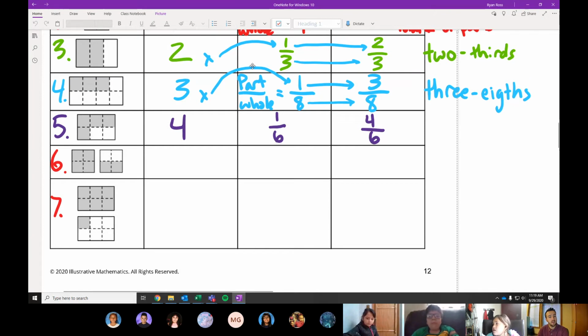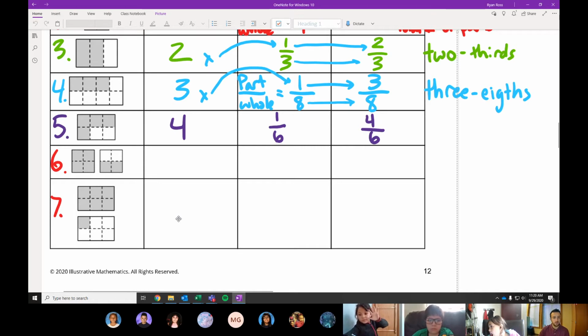So when we find the size of the piece that makes up the shape, we're only looking at how many pieces make up 1 square, how many pieces make up 1 rectangle, because each of those squares and rectangles represents 1 whole. So we're actually counting into 2 wholes here, counting into 2 wholes there. Okay, just as a heads up, let's walk through it and see what we find.